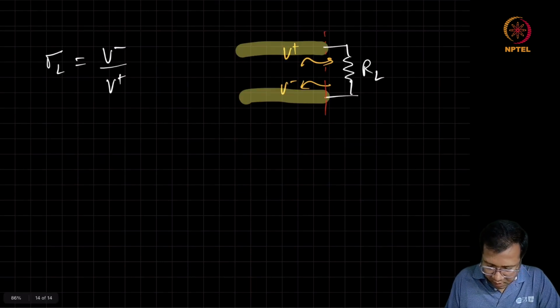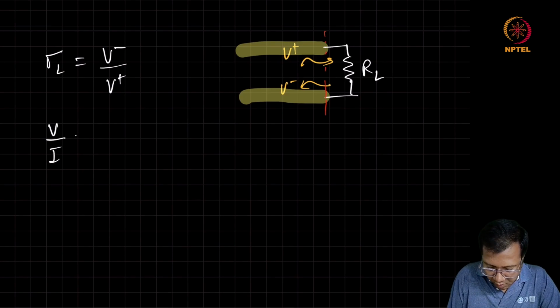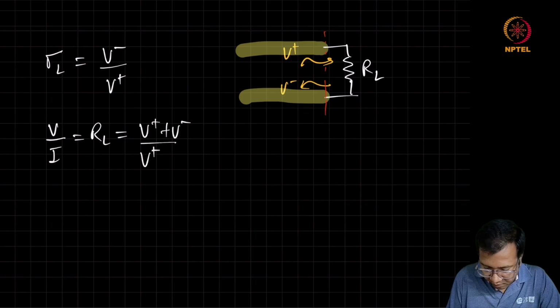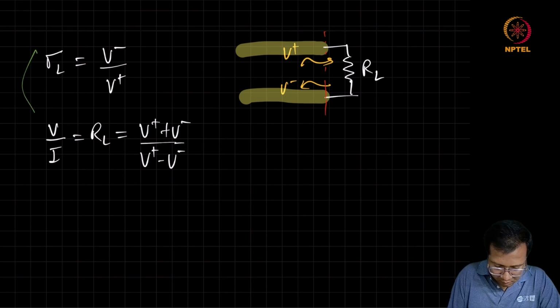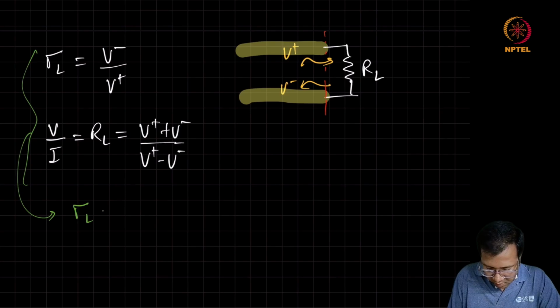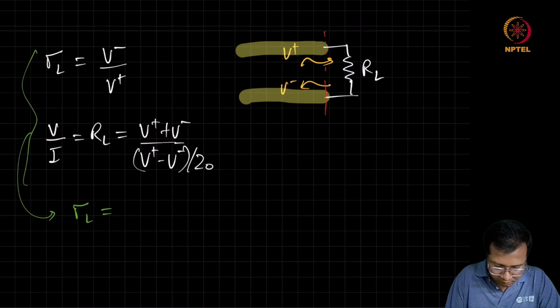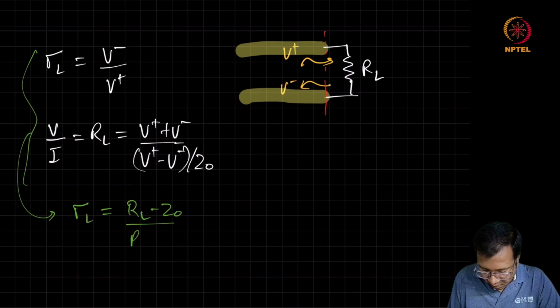Then the load will force voltage by current to be equal to RL, which is equal to (V plus plus V minus) divided by (V plus minus V minus) divided by Z0. Since capital gamma L is defined as V minus by V plus, gamma L becomes equal to (RL minus Z0) divided by (RL plus Z0).